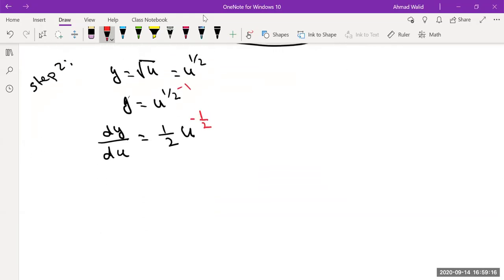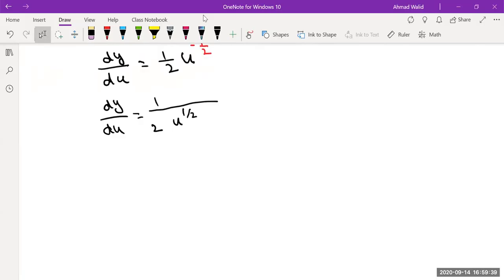Or if you simplify this, dy over du equals 1 over 2 u to the power of positive 1/2. To change negative exponent, you have to send it to denominator. It's algebra, I shouldn't explain. You send the negative exponent to denominator to change it to a positive exponent, correct? Then you can write dy over du equals 1 over 2. What is u to the power of 1/2? It means the square root of u, correct?